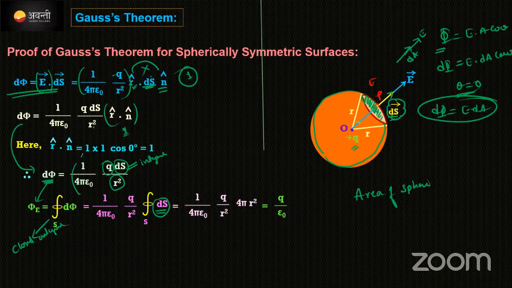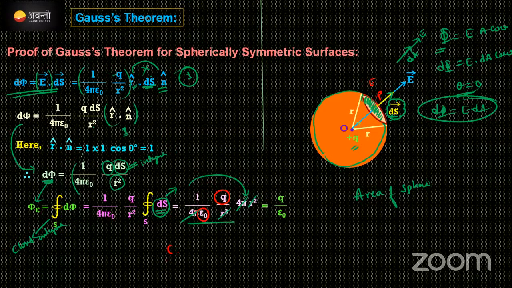Okay. Look at here. These things I'm going to keep here only: 1 by 4 pi epsilon naught q by r square. But if you integrate this one, you will get 4 pi r square. Right, guys? देखो इधर 4 pi cancel, r square से r square cancel हो गया. Remaining term will be इधर q है, in numerator q, in denominator epsilon naught.